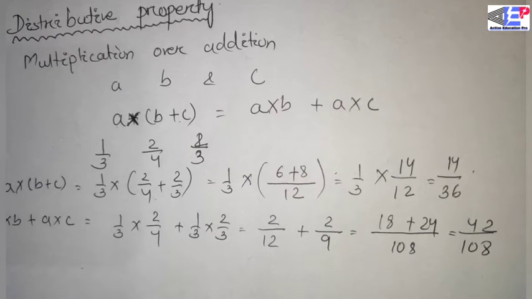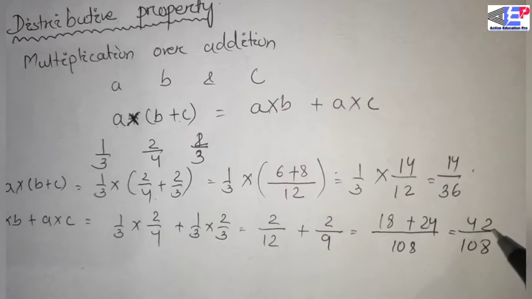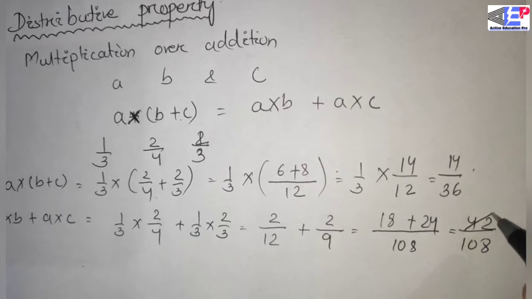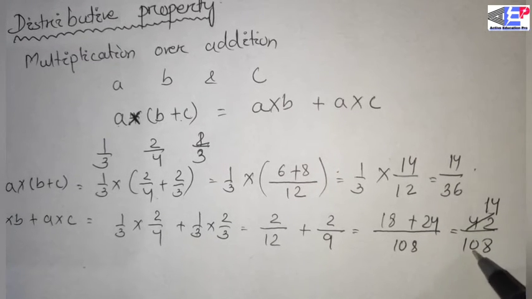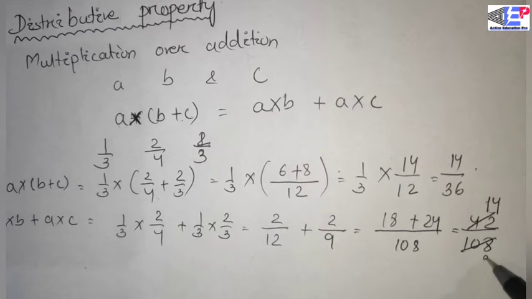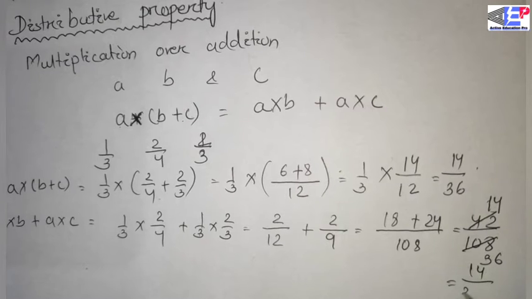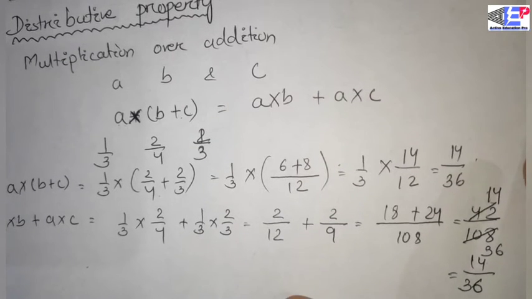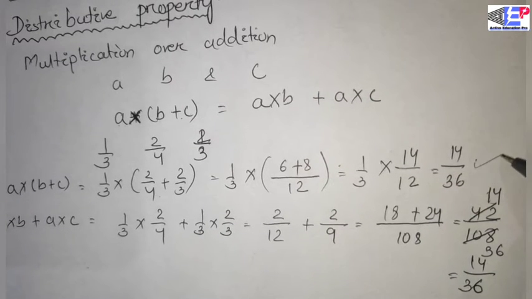In this case, in both 42 and 108, 3 is the common factor. If you cancel by 3, 42 divided by 3 is 14 and 108 divided by 3 is 36. So the answer is 14 by 36. On our left side, our answer is 14 by 36. On our right side, the answer is 14 by 36.